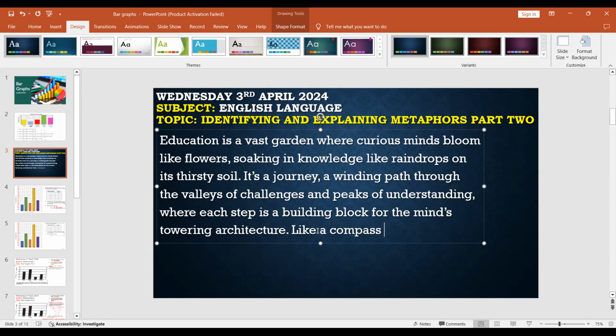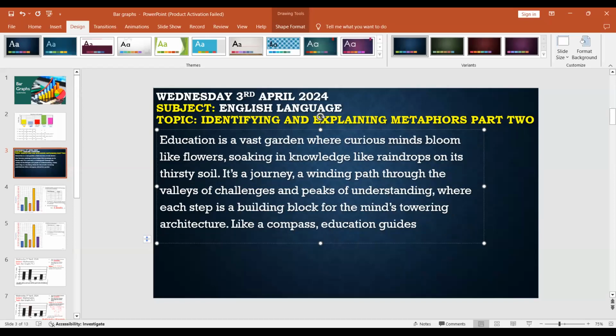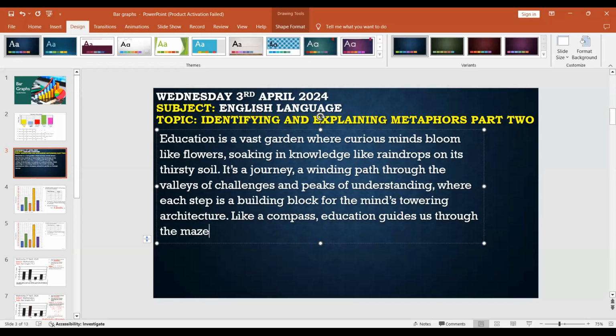education guides us through the maze of ignorance, illuminating the way with the light of wisdom.